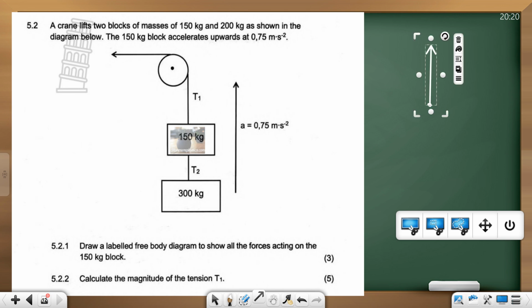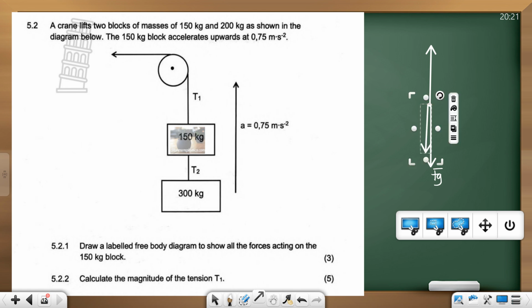Okay, and then what do we have? We have it going down, Fg. And there's also tension 2. The weight is going down and tension 2 is also acting downwards. It's being pulled downwards by the other tension, tension 2.